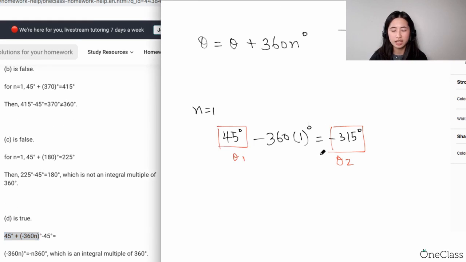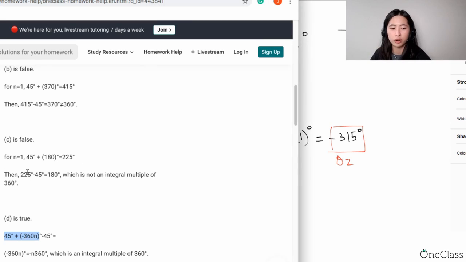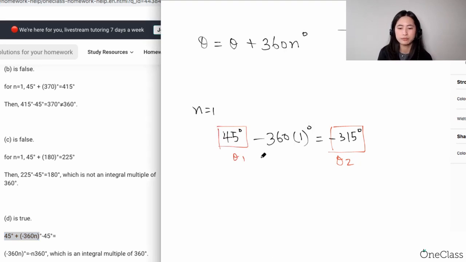Or you can just take theta 2, which is what they've been doing so far, theta 2 being negative 315 degrees, and you subtract theta 1, which is 45 degrees. We know that this is a positive angle, therefore you have the negative sign. When you distribute that, you get negative.